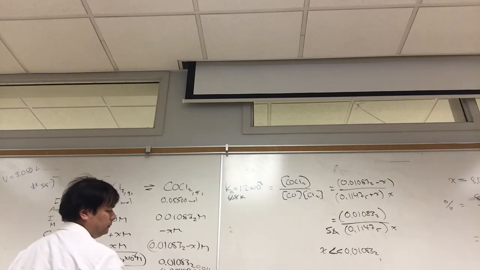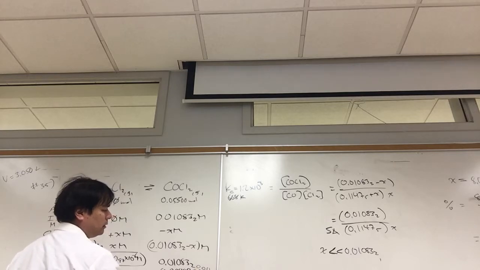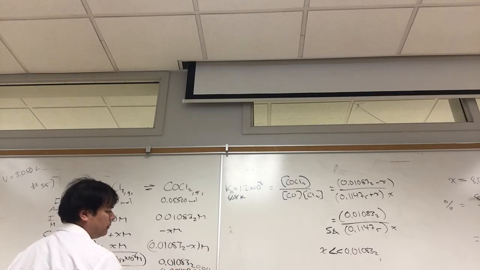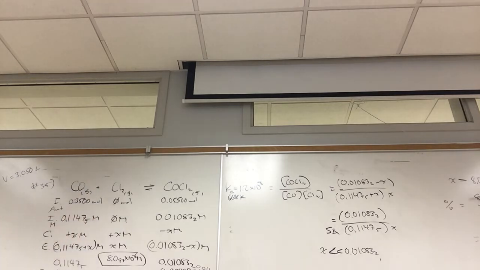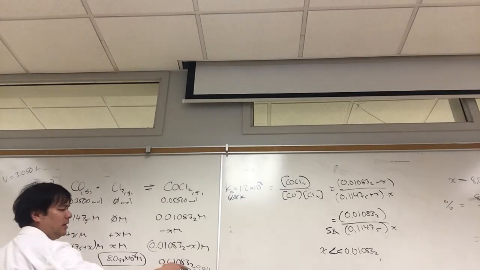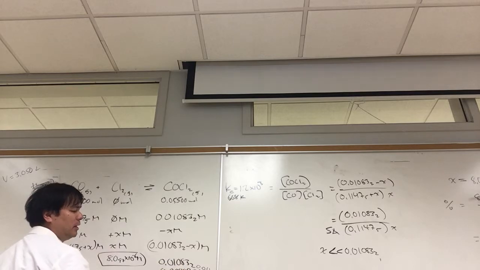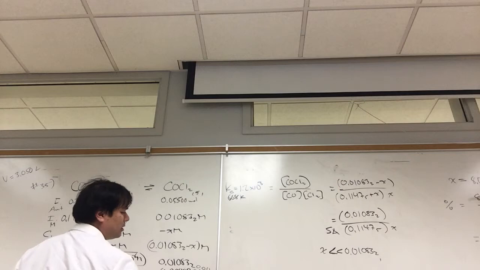It's going to give me 0.010823902810. And so we lose a little bit. We start off with 10, 8, 3, 2, and we end up with 10, 8, 2, 3, 9. Just a little bit of loss.